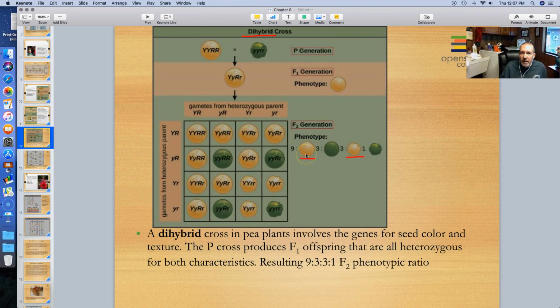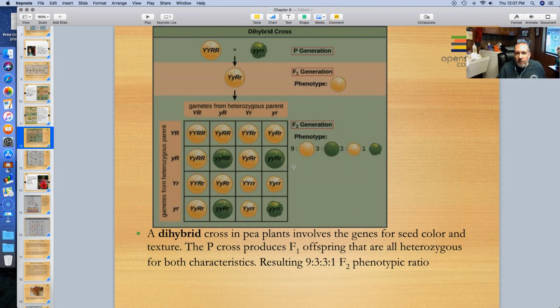So we have the dominant characteristics being yellow and being smooth, like this one is, right? Like both of these are. Or we can have the recessive characteristic being green or being wrinkled.